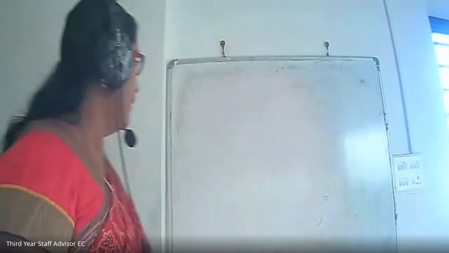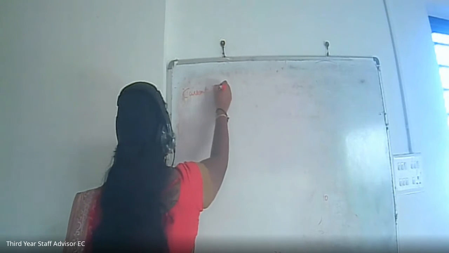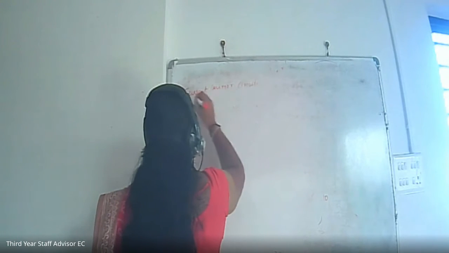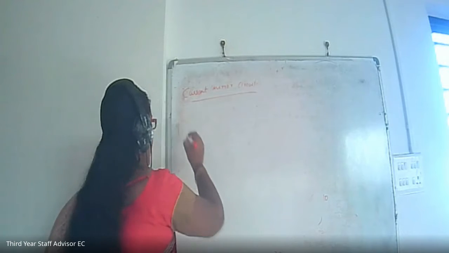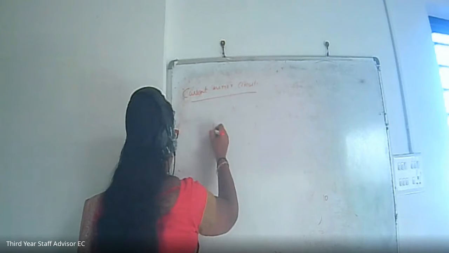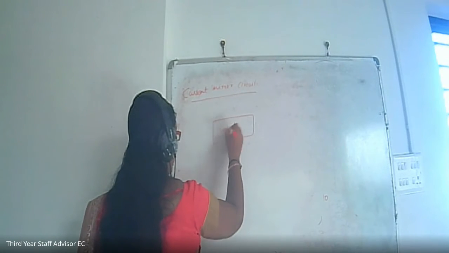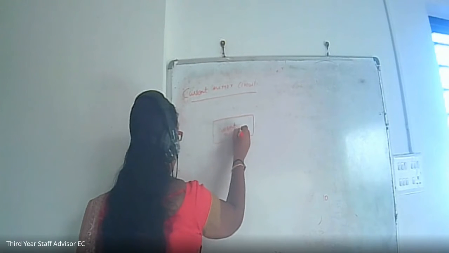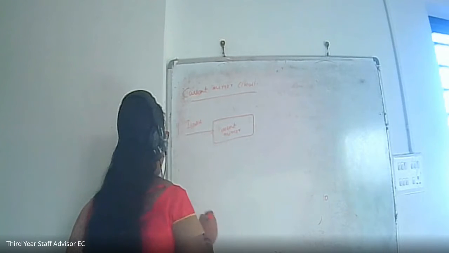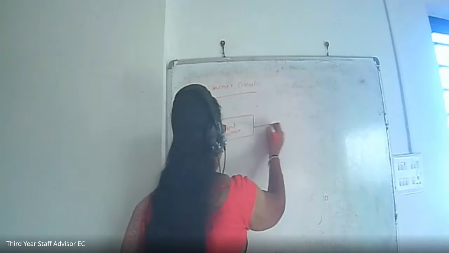In a current mirror circuit, the output current is the mirror image of the input current. We can represent it in a block: if there is a current mirror circuit, then there is a source current, which we represent as I source, and it will be the output current, which is I sink.